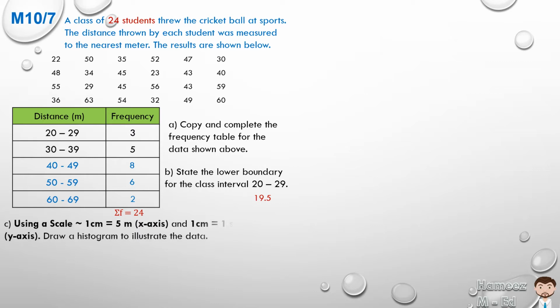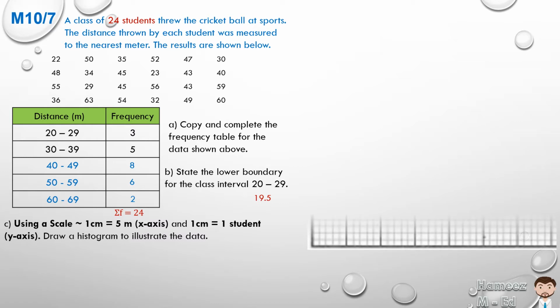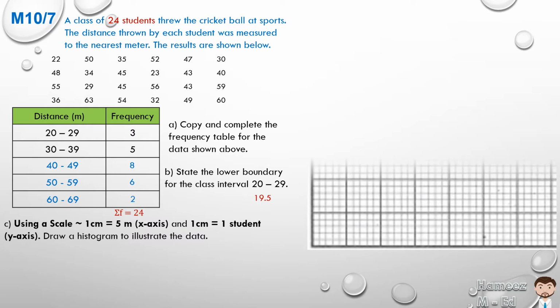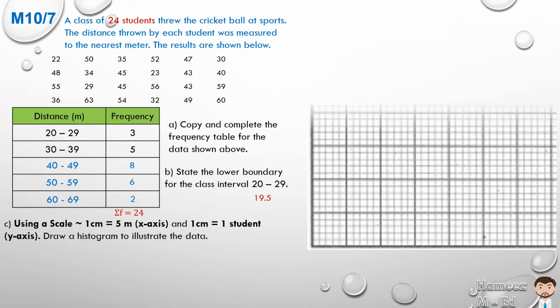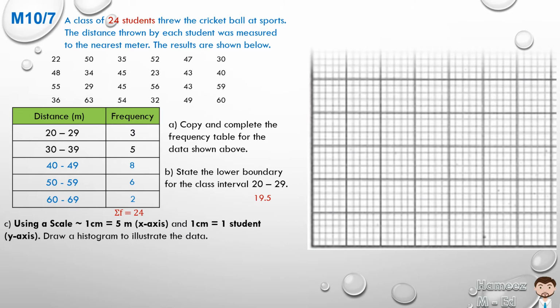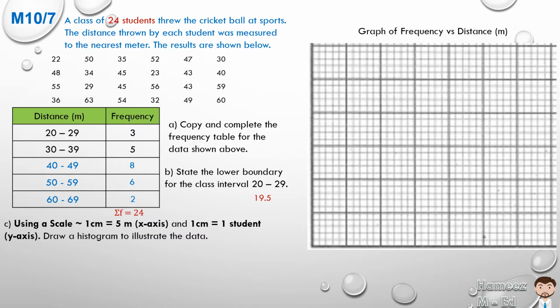Now, part C says, using a scale of 1 centimeter to be 5 meters on the x-axis, and that will be measuring distance, and 1 centimeter to be equal to 1 student on the y-axis, which will be our frequency, draw a histogram to illustrate the data. So what I've done is I've set up the graph, which is a graph of frequency versus distance in meters, and we've labeled the x-axis distance in meters, and we've moved from 0 to 10 to 20 and so forth, straight up to 70.